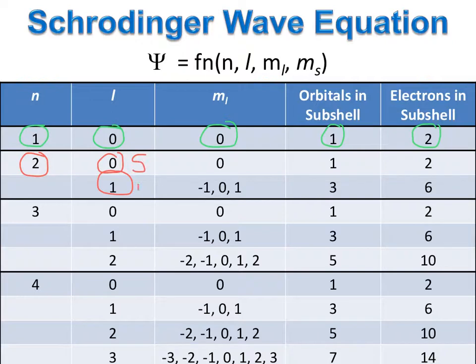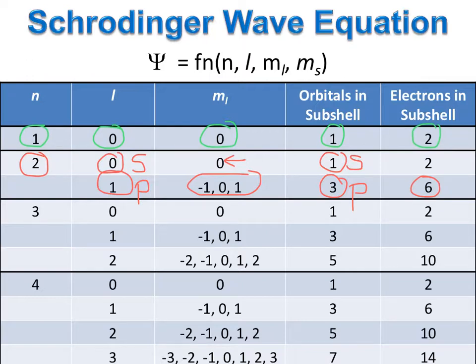That's an s orbital and a p-type orbital. And again, when l equals 0, m sub l can only be 0, so there's only one s orbital. However, with the p orbital, m sub l can have the values -1, 0, or 1. This results in 3 different p orbitals in the subshell, and the p orbitals can hold a total of 6 electrons.